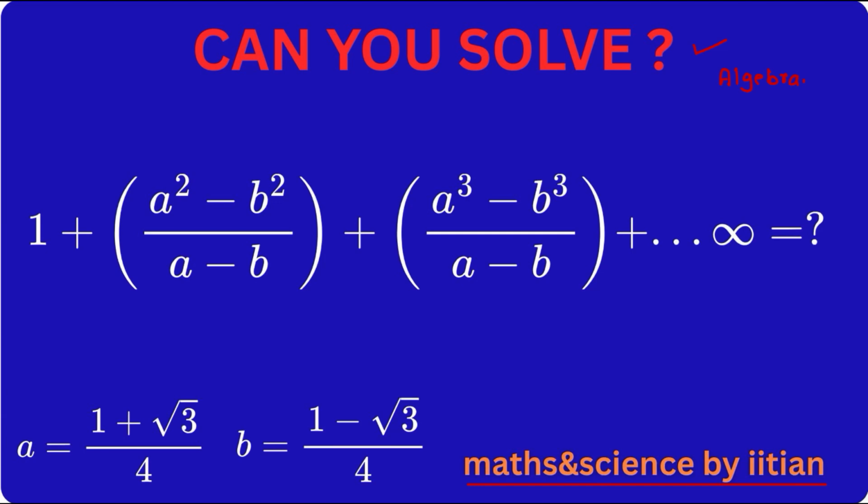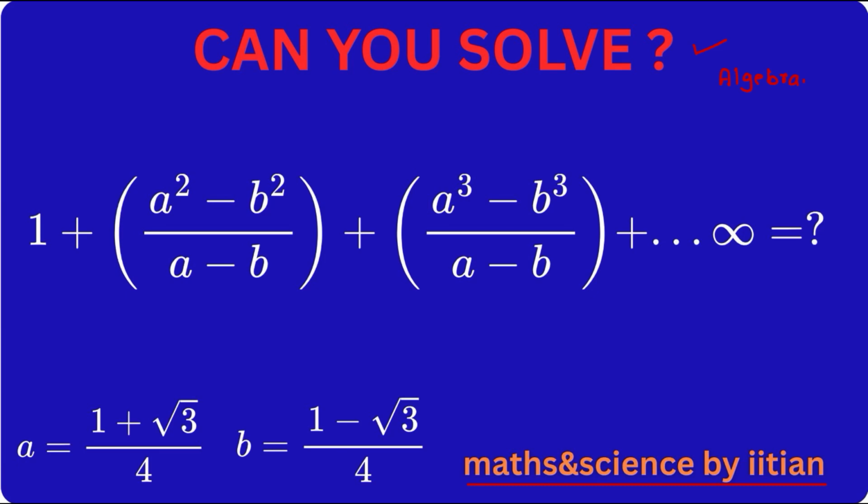When these a and b values are given, how do we find the summation of the series 1 plus (a square minus b square) by (a minus b) plus (a cube minus b cube) by (a minus b) plus and so on, up to (a to the power of n minus b to the power of n) divided by (a minus b), where n tends to infinity.